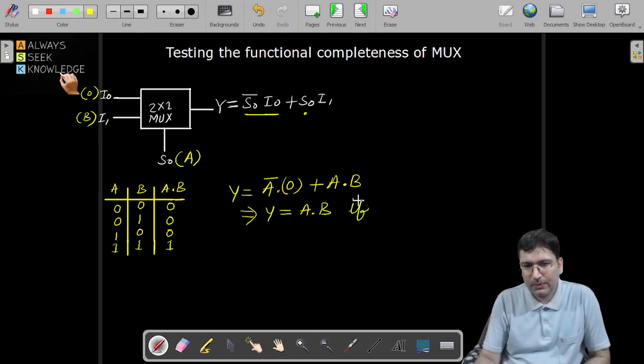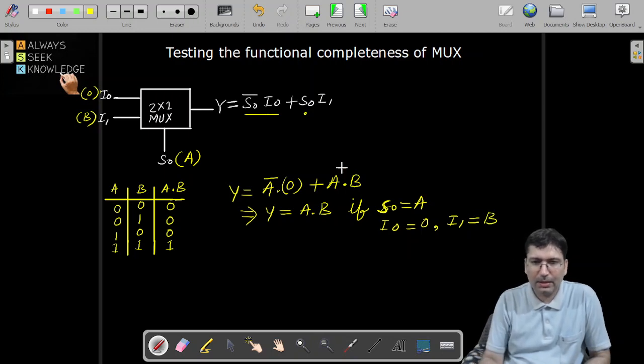S0 is equivalent to A, I0 you are passing as 0, and I1 you are passing as B. In that case A and B can be generated.